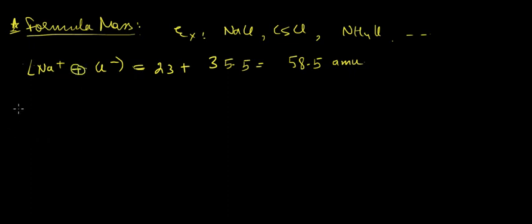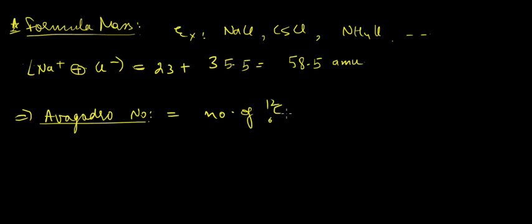Next we'll be seeing Avogadro number. Okay, so Avogadro number is equal to the number of carbon atoms in 12 grams of carbon.